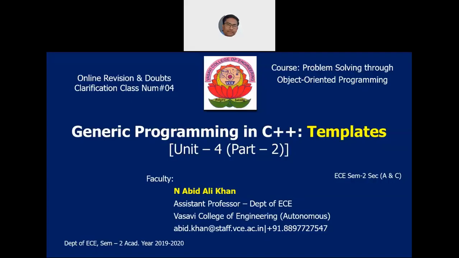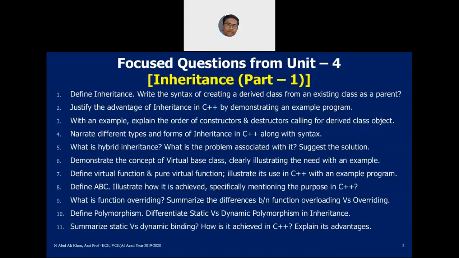I can't repeat the entire program now. I'm trying to demonstrate or justify the example that we have already taken for evaluating the area of rectangle object as well as triangle object.